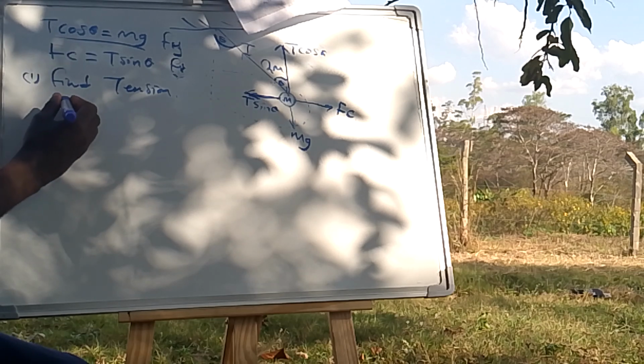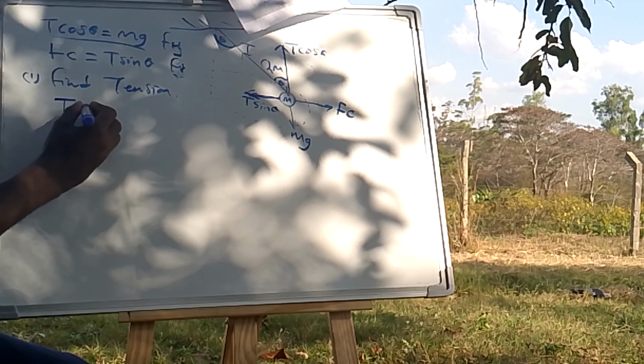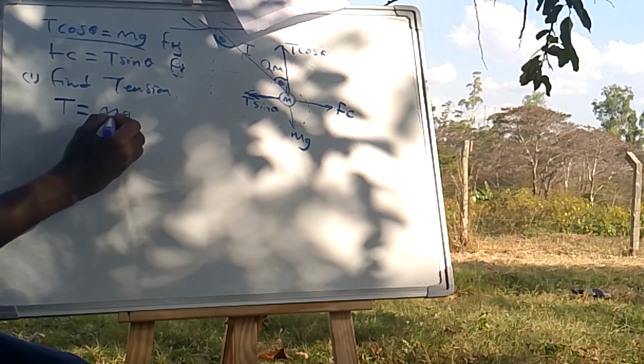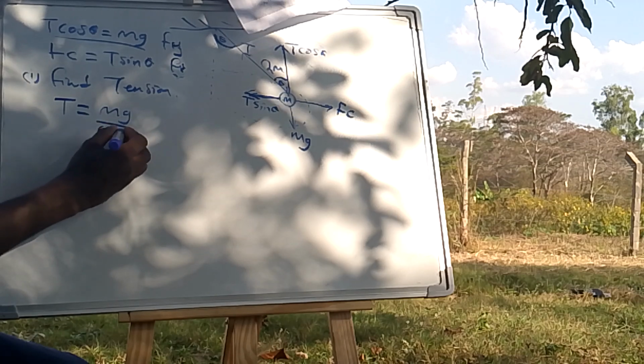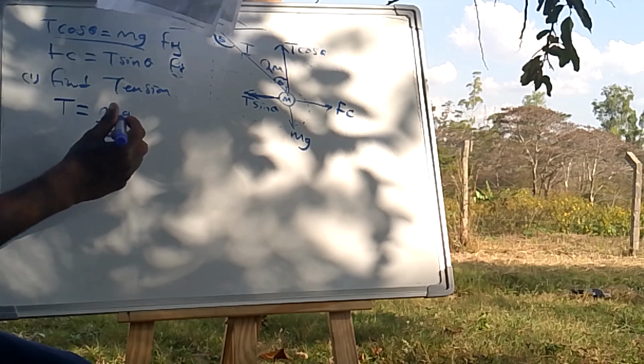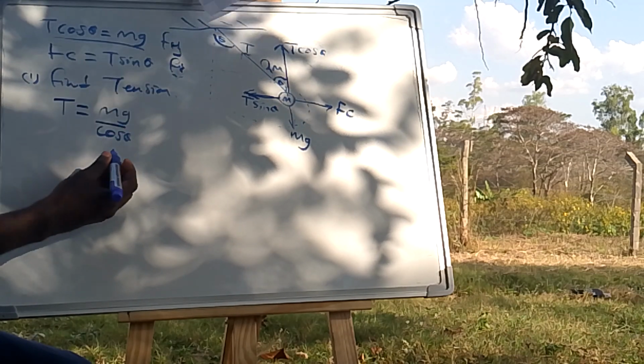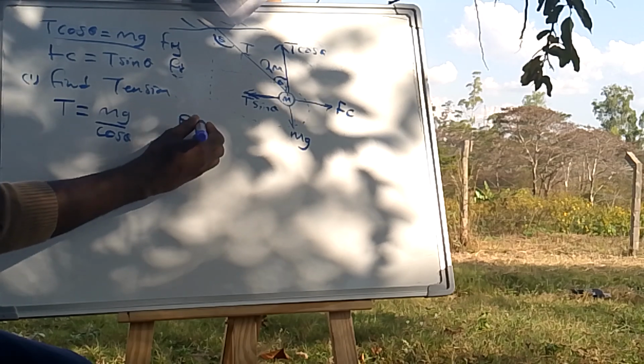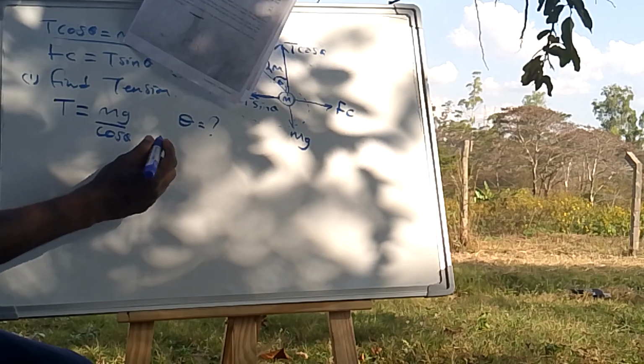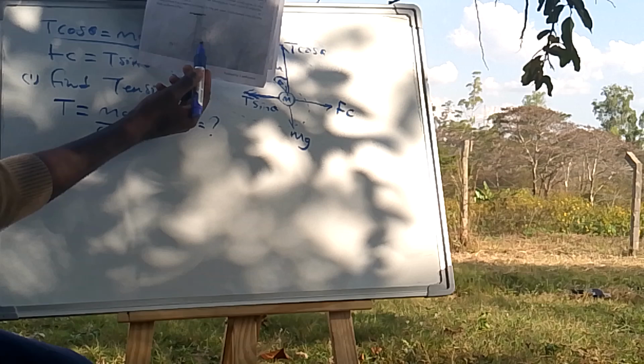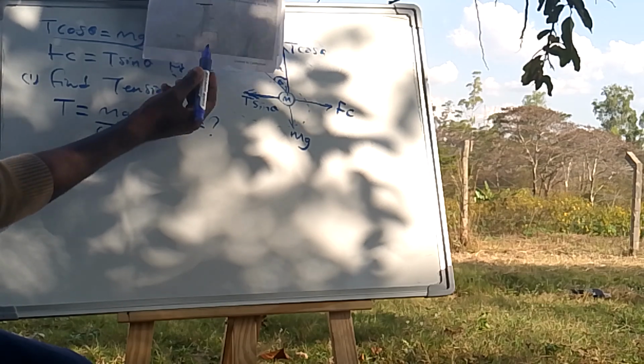So let's make T the subject of the formula. We have T equals mg over cos theta. Now, do we have theta? We don't know theta, but we are given information to help us find this theta.